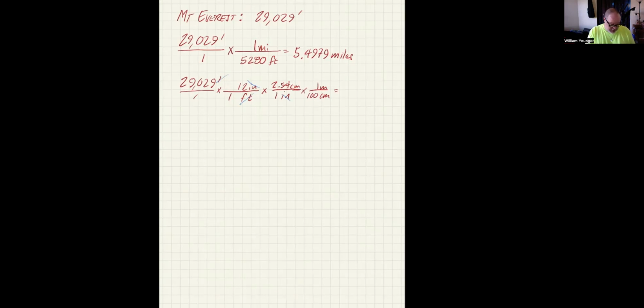So 29,029 times 12 times 2.54 gives me 884,803.92, but I only put 5 sig figs in. So really these first 3, 4, 5 are significant digits.